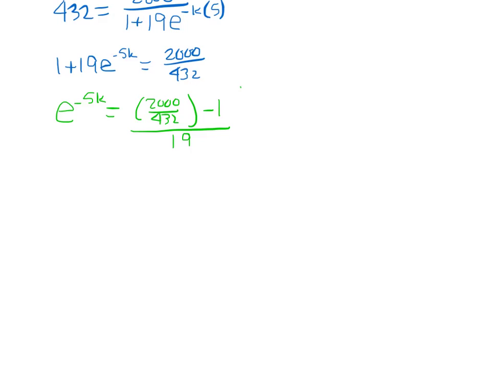If I continue on, I'm going to take the natural log of both sides. So I now have negative 5k is equal to all of this stuff. If I take that and divide by negative 5, I highly suggest that you store that, because that's quite a lot to keep typing in every time. I get a k value that's approximately equal to 0.33106.